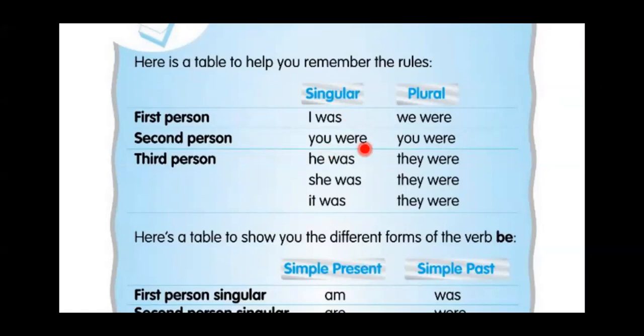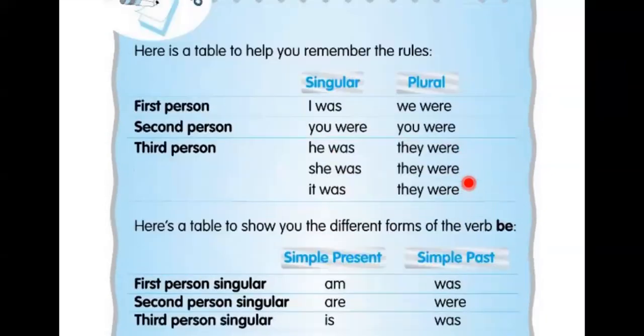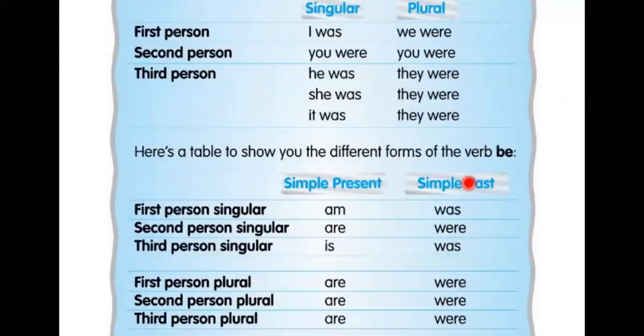Second person you were, plural you were. Third person he was, plural they were. She was, they were. It was, they were. So this is the table, and the same thing is explained over here, just what we have seen.